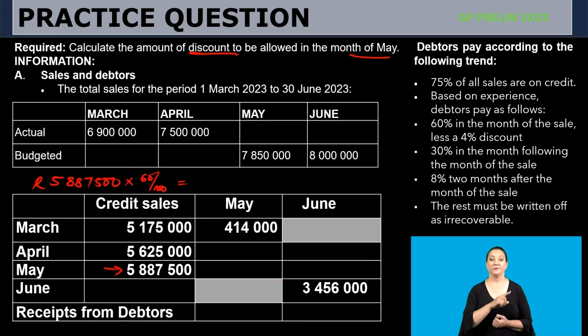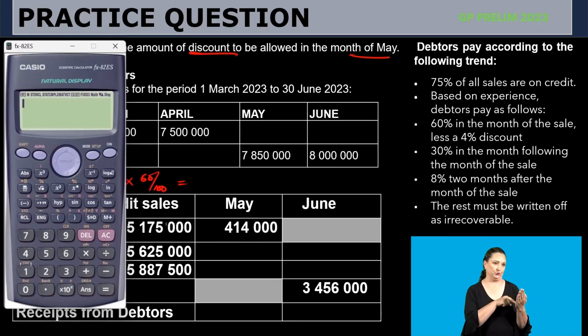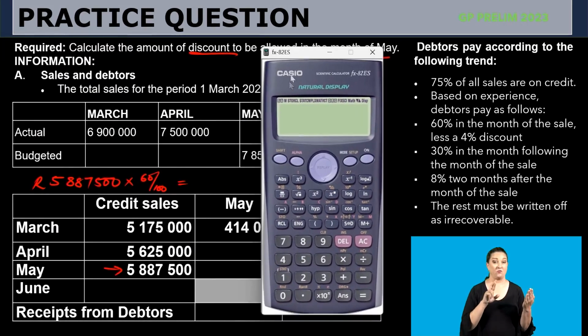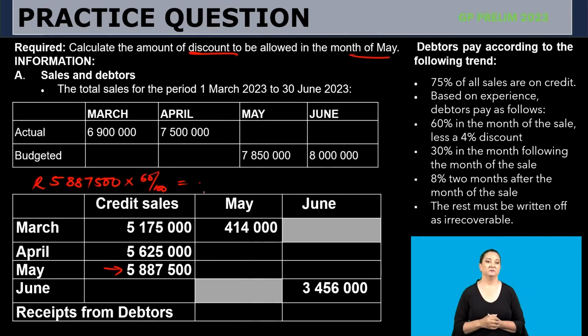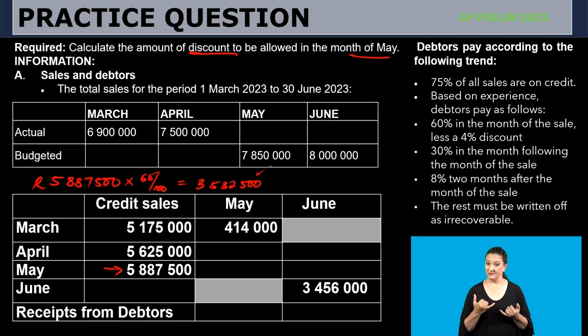So here's our calculator, the credit sales is 5,887,500, and we will get 60%. That is 3,532,500. Then we are not going to get the entire 60% because we are allowing 4% discount.